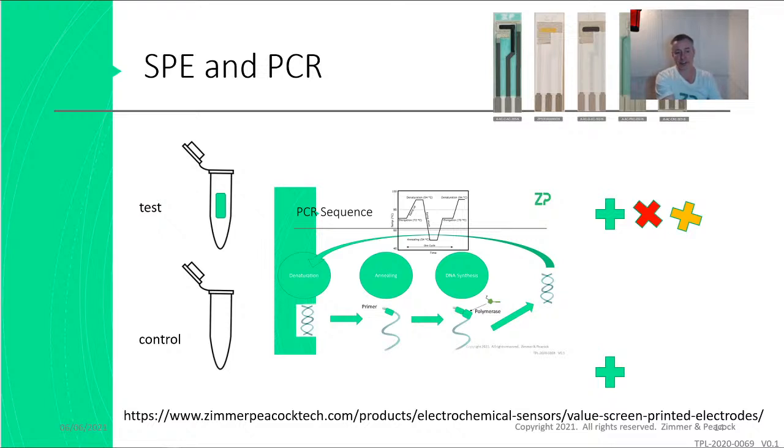But yes, it does need optimizing. So we at ZP do screen our materials, and we can do PCR on top of our reference electrodes, but we also see that many materials that are associated with screen printed electrodes do inhibit the PCR. So it's not that they kill the PCR, but it does inhibit the PCR.